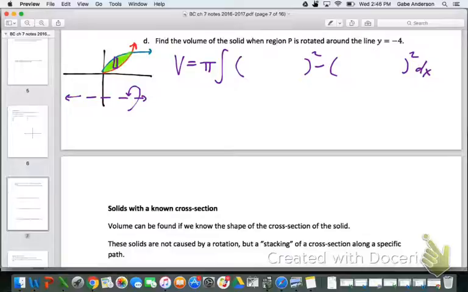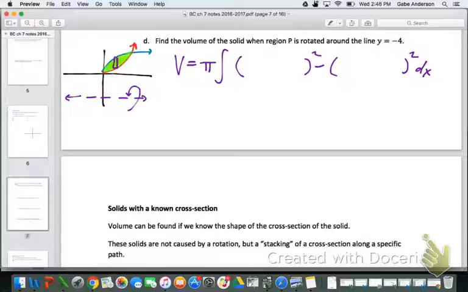Your question, Hayden? So, no matter where your axis of rotation is located, your intervals on your integral will be the same? The intervals on the integral, like from 0 to 1?